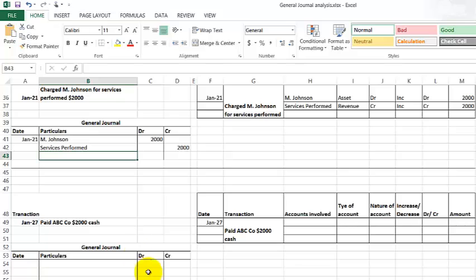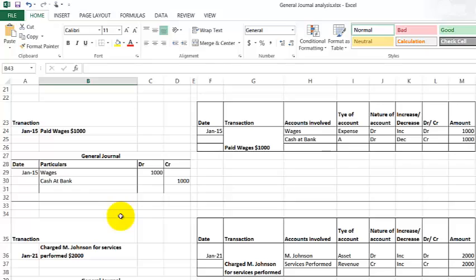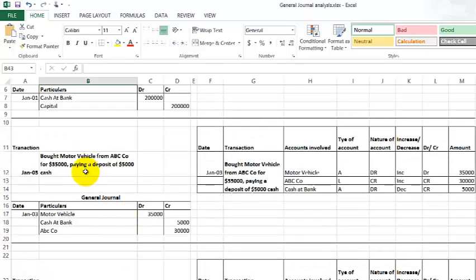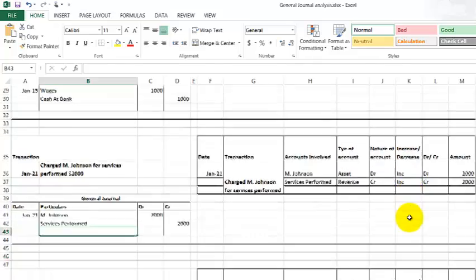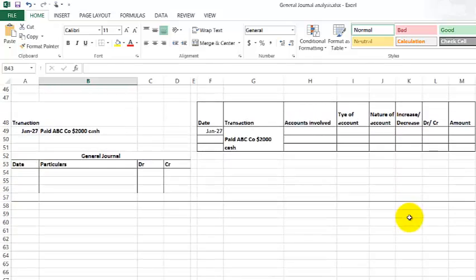Now the last transaction is where we are paying ABC Co $2,000 cash. Remember before we paid a $5,000 deposit on the car, and we owe 30,000. So we're now going to pay some of that 30,000. All right, let's see how that works.